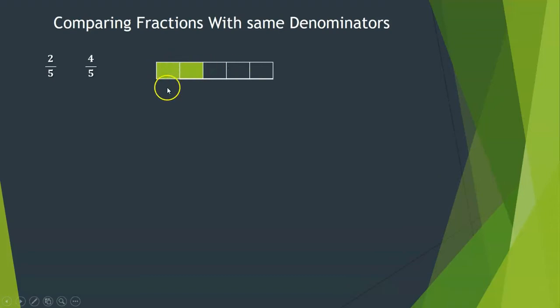This is the 2/5, 2 parts out of 5 parts, and the 4/5, 4 parts out of 5 parts. So now, what do you think? This part is smaller than the shaded part here. So, of course, 2/5 is smaller than 4/5.